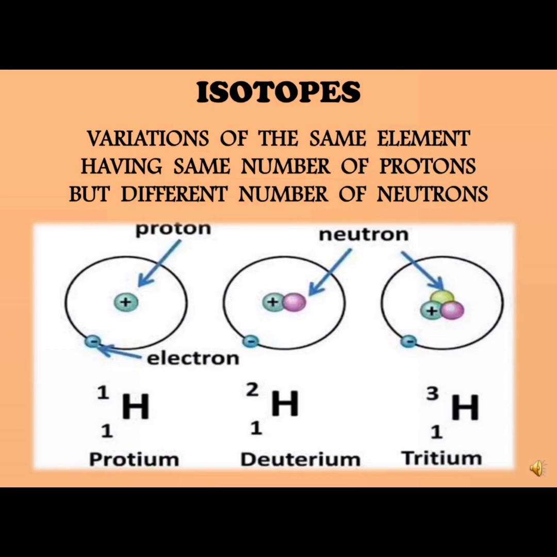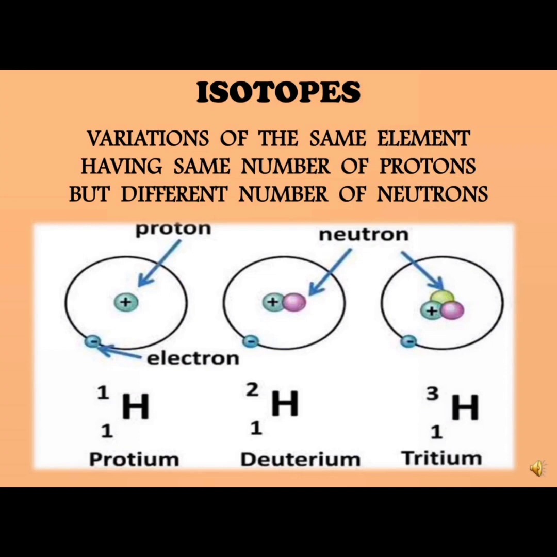Okay, but in the first atom there is only one proton and only one electron. So this particular atom is called protium. In the second diagram, you have one electron and one proton and one neutron. So that is why the second atom is called deuterium.